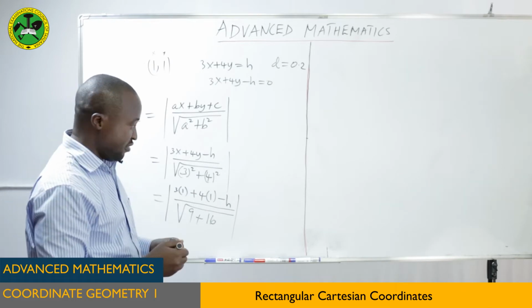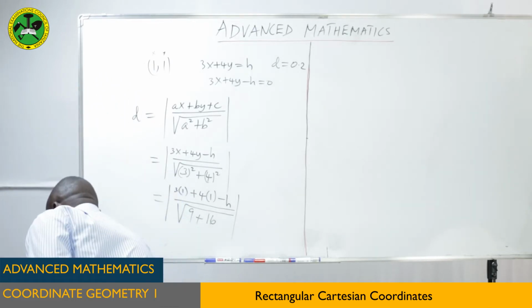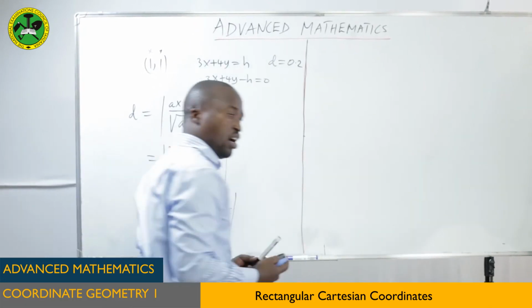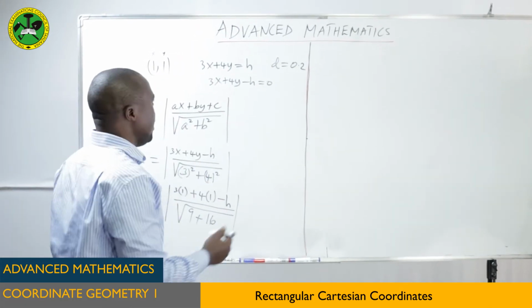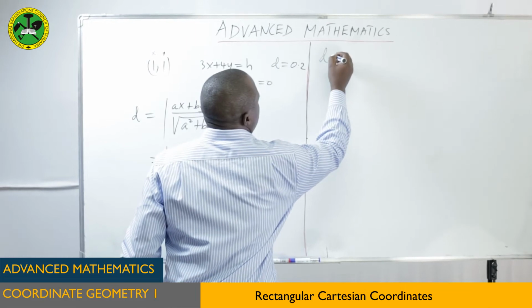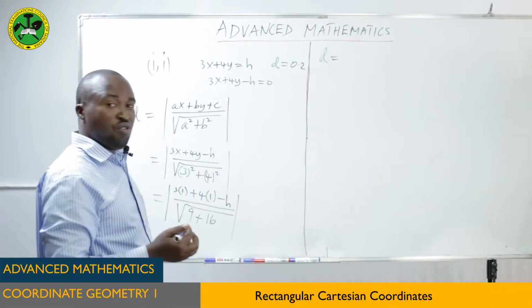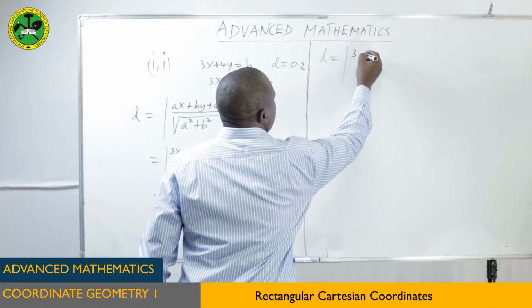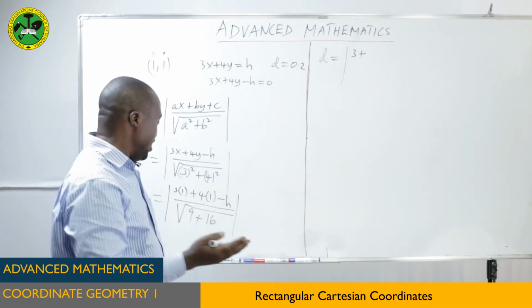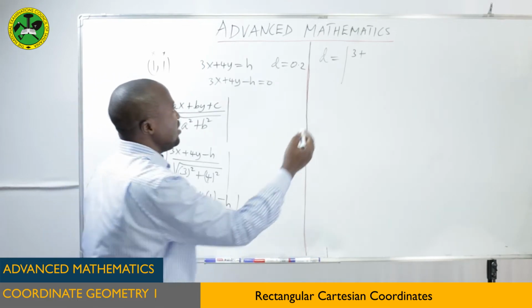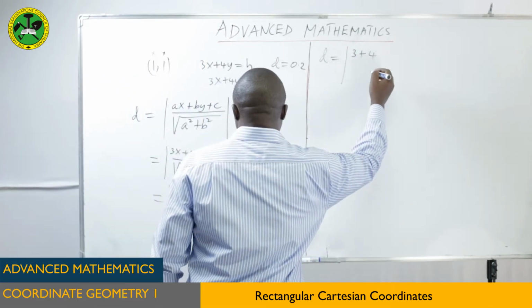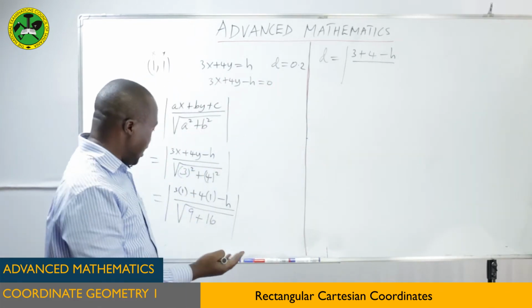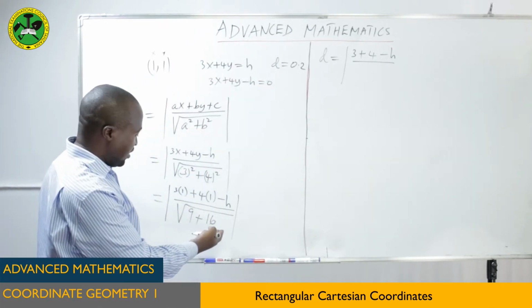Now in this case, we are going to have the following. That is D is equal to, we have 3 times 1, that is 3. Then plus, again we have 4 times 1, that is equal to 4. Then minus h over, so again here we have 9 plus 16.